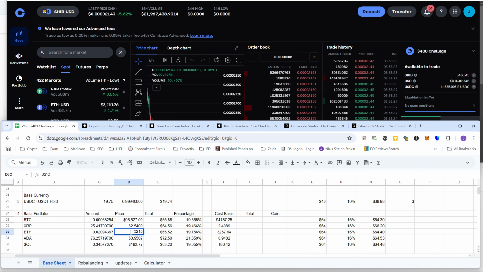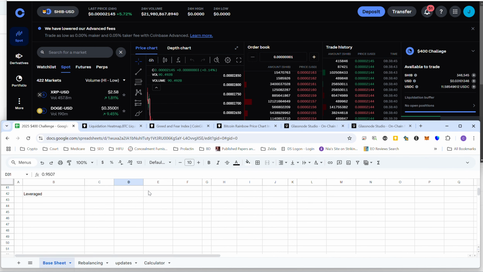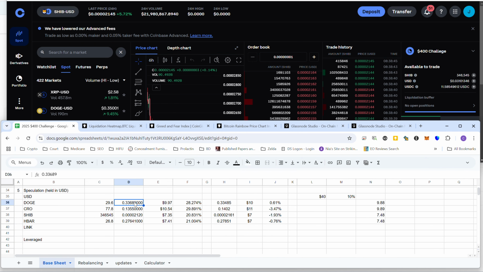Let's do XRP, 2.58. And I'm trying to find a way to make this column here actually automate. I tried a couple plugins. I couldn't successfully get them. Doge down here is at 35 cents, 0.35.